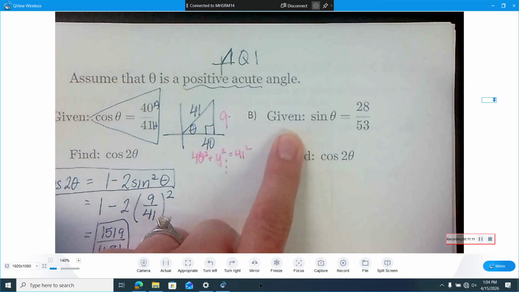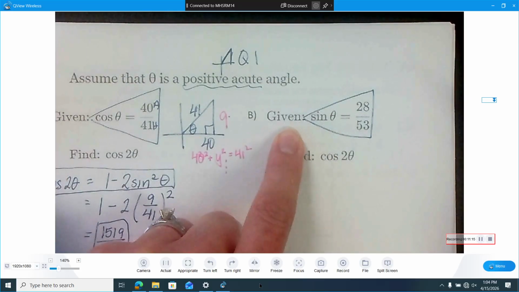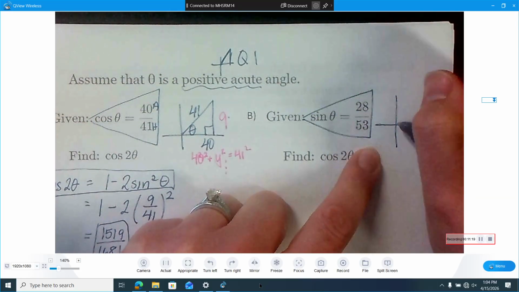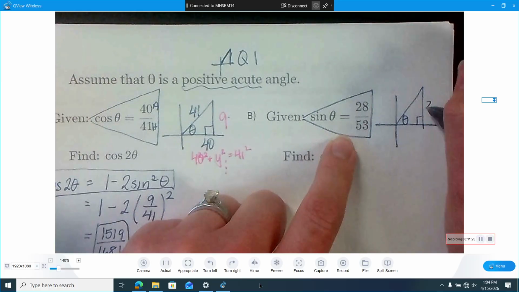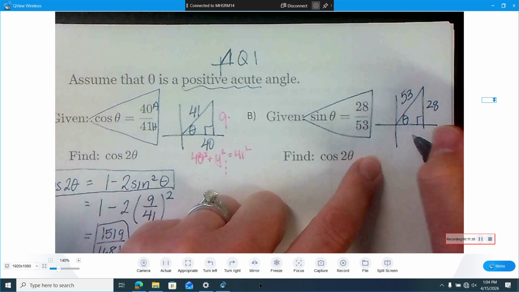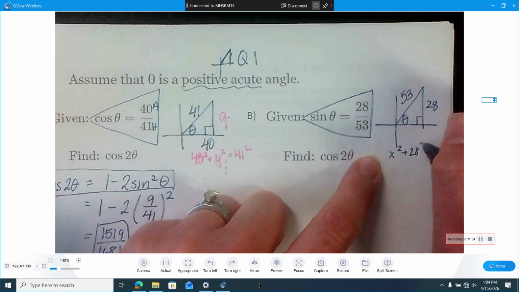Again, 4b, because once again, they're giving me a trig ratio here, which means I'm going to make a triangle. Here's my angle theta, and sine is opposite 28 over hypotenuse 53, and I need to figure out my x length here, so x squared plus 28 squared equals 53 squared.